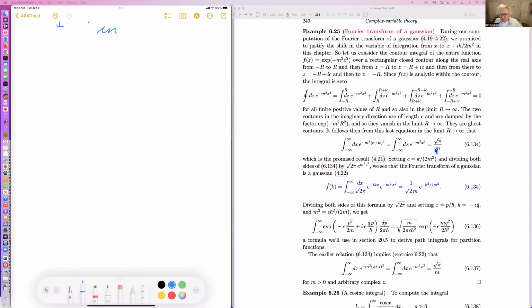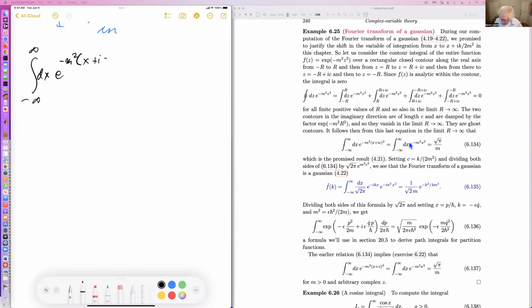So this statement then is to get back to the complex variable theory. The integral from minus infinity to infinity dx e to the minus m squared, x plus ic squared. M squared, of course, has to be positive, so m has to be real.